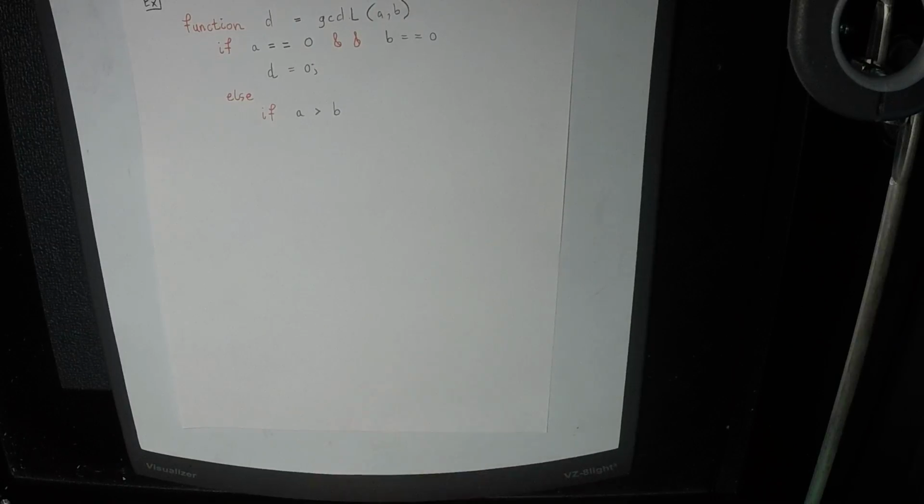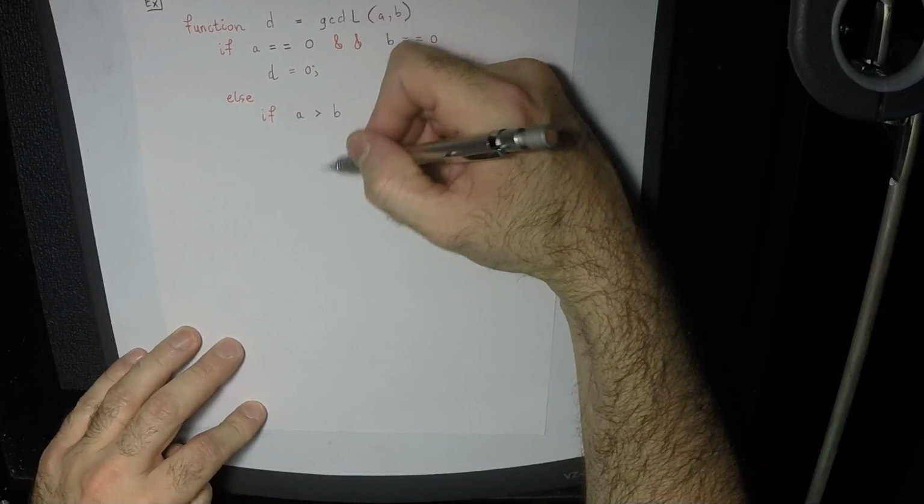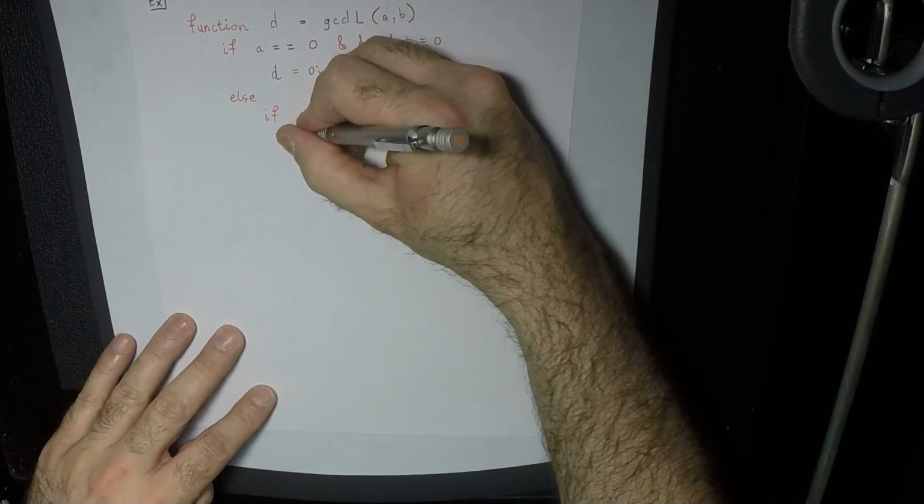The way we did it before is we just recursed and put the arguments in the opposite order. But now we want to do it without a recursion. So, well, here's a problem: I'm going to write something, but I'm going to have to erase it. So if you're writing in pen, be careful.